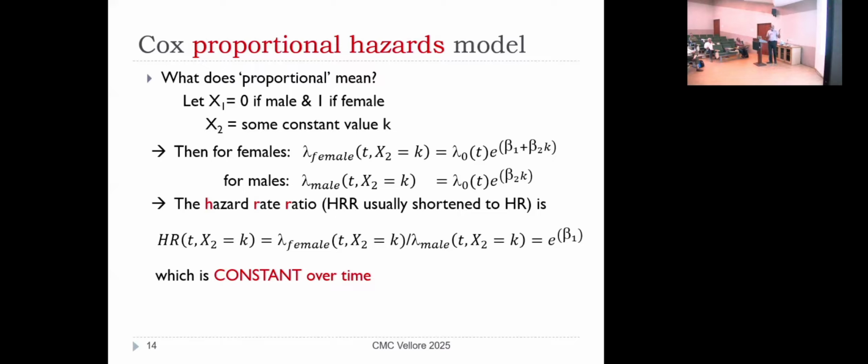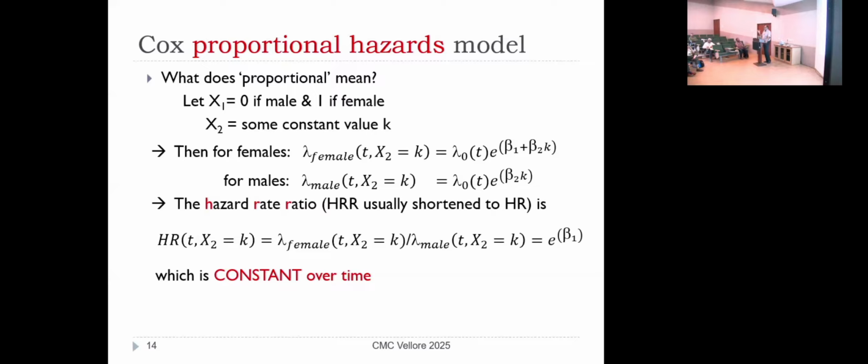So now the hazard rate ratio of females to males is obtained like this over time, over the entire survival time period that I've studied. I only have to report one. And the hazard ratio is interpreted just like the risk ratio or relative risk or odds ratio.